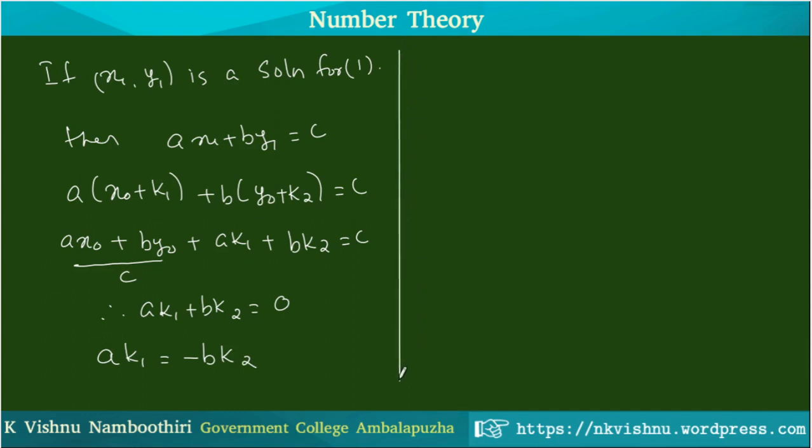Now see that we will concentrate on the left side. a divides a k1, it is a multiple of a. Now b divides minus b k2, therefore b divides a k1 because they are the same. Therefore a and b divide a k1.